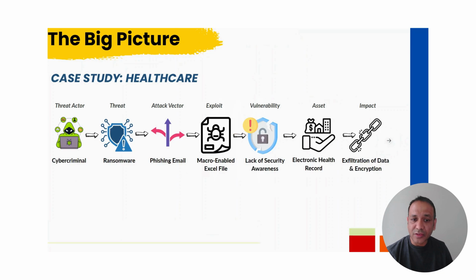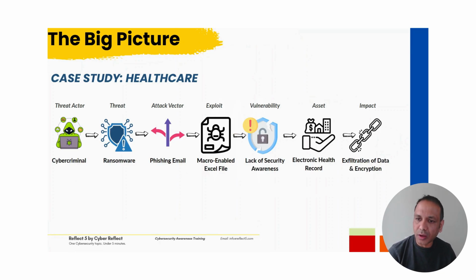So let's have the big picture now. Let's consider a case study, for example, a healthcare where they have very sensitive patients' information in an electronic health record. So the threat actor, being the cyber criminal, motivated by financial motive, can use a ransomware.